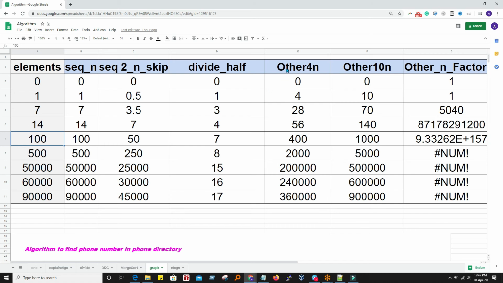So this is some algorithm that is taking 4n. For example, if the number of elements in the problem statement is 7, it is taking 4 times that number. See the formula here, how we write an Excel formula for this.